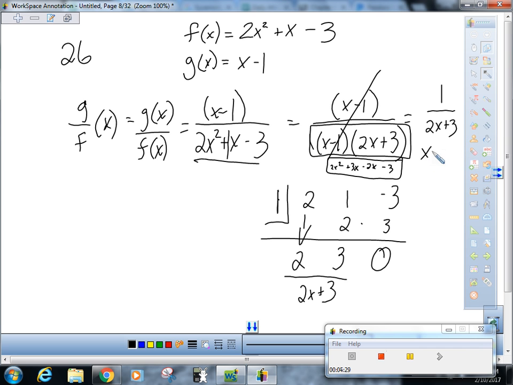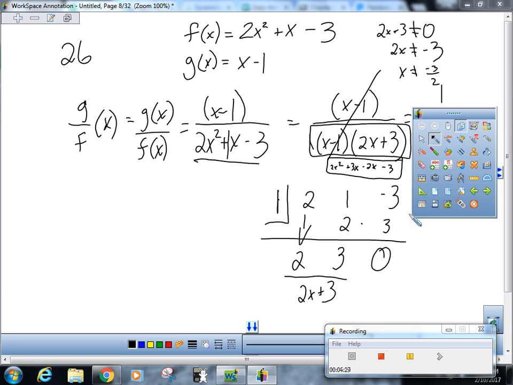So x is not allowed to be 1, because if you put in a 1 for x, you get a 0 on the bottom. To figure out the other one, we know that 2x plus 3 is not allowed to be 0, which means 2x is not allowed to be negative 3, and then x is not allowed to be negative 3 halves. So that's the other piece of our domain.